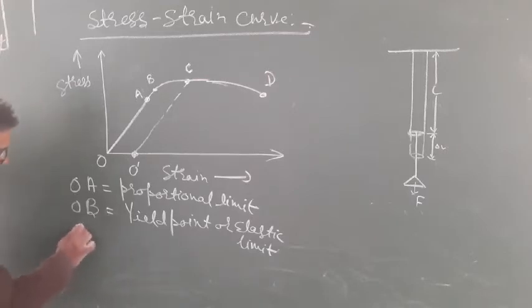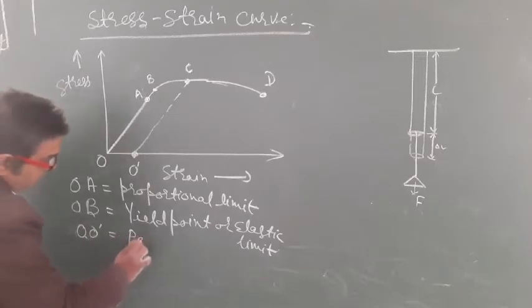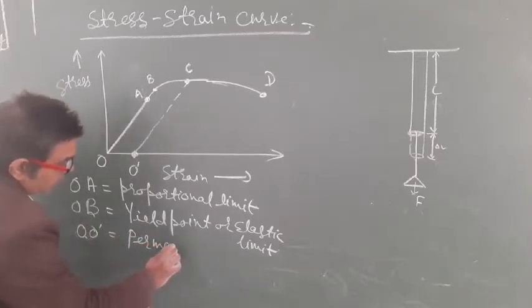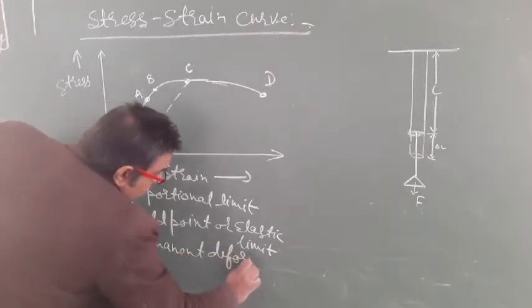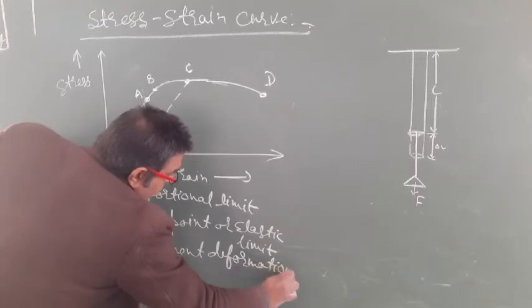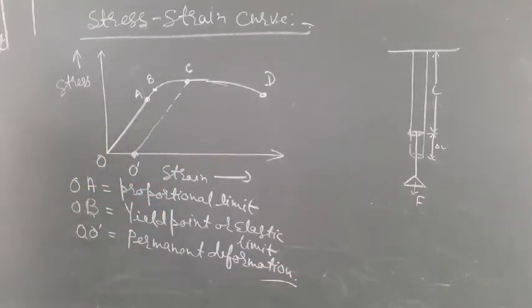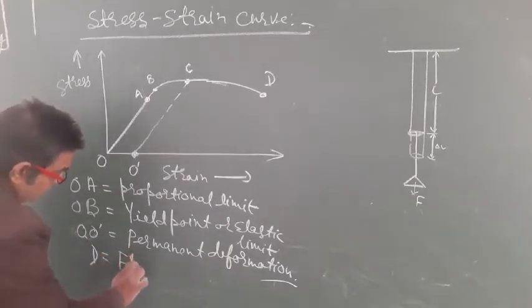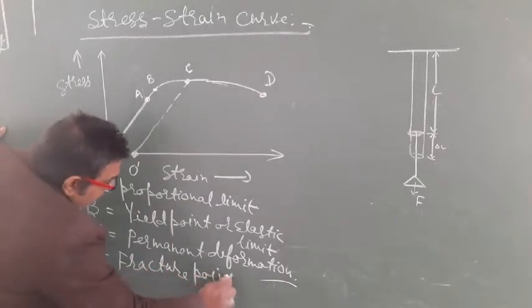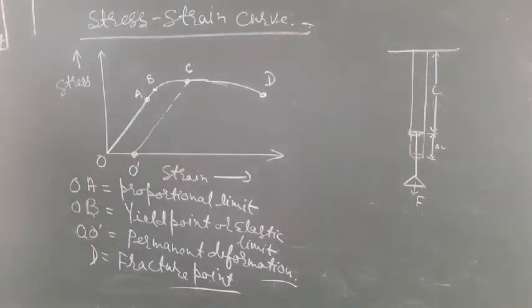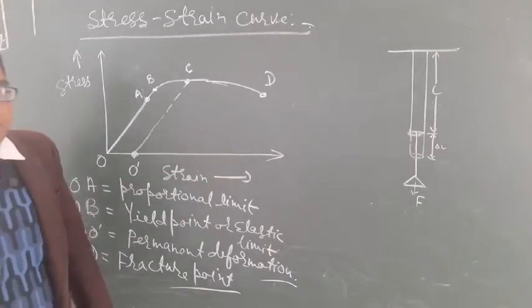O dash is the permanent deformation, the body is permanently deformed. And at point D, if we increase further, it is the fracture point. This point is called the fracture point, and at this point the body breaks down.